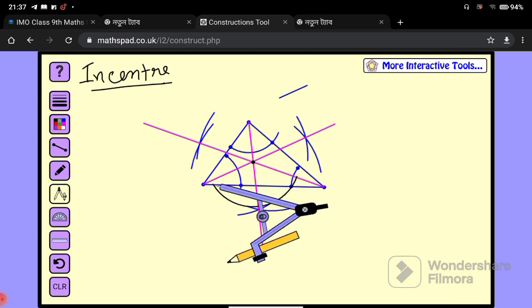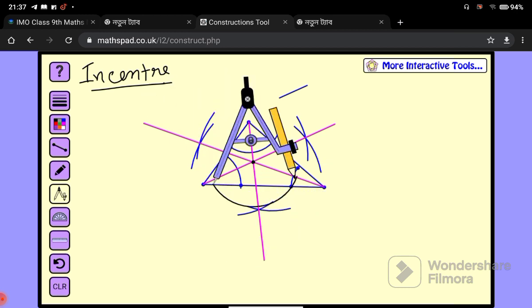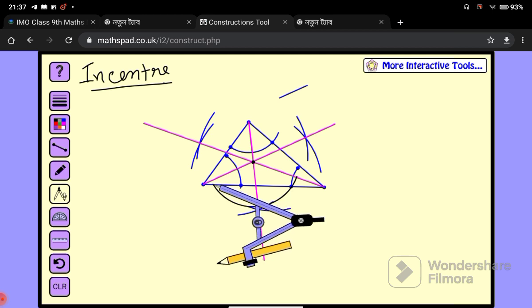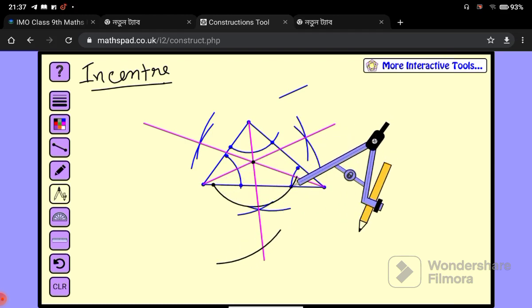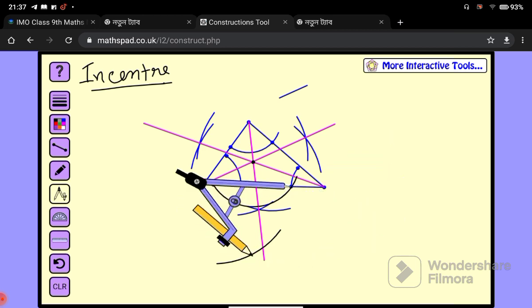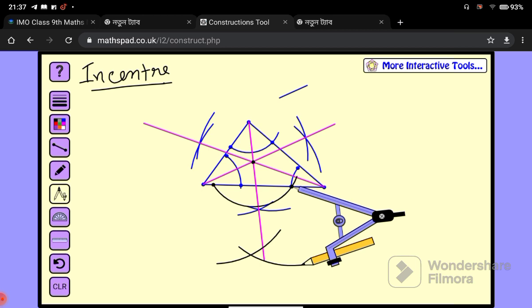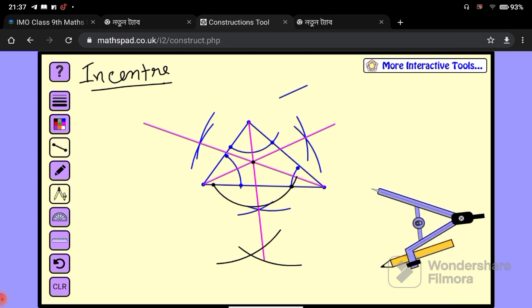So what we are drawing right now is a perpendicular line from this incenter to any of the sides. Okay, perpendicular from the incenter to any of the sides. This is the process. Yes, and then from here, now you remove it and join.